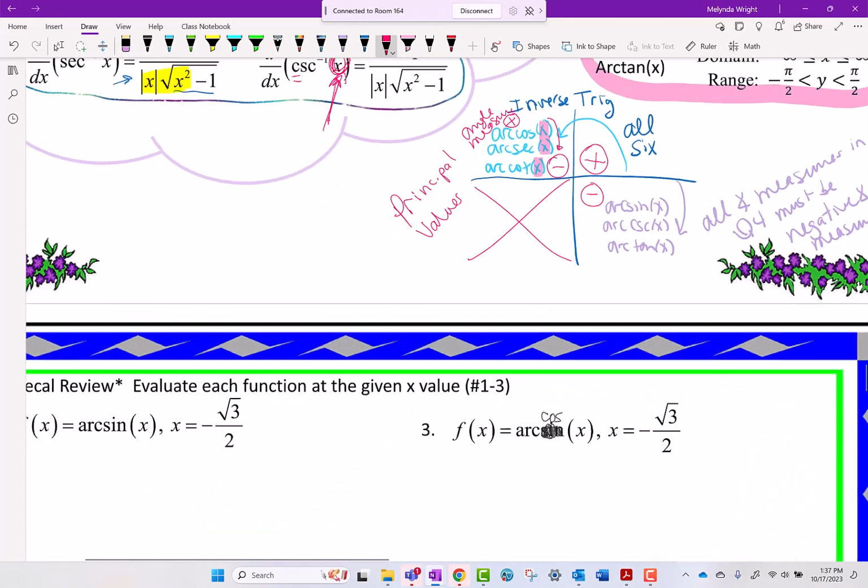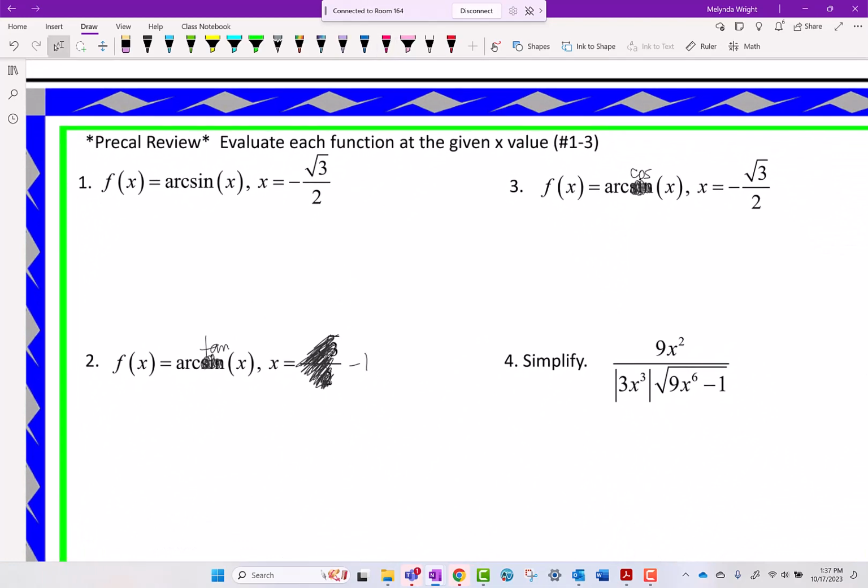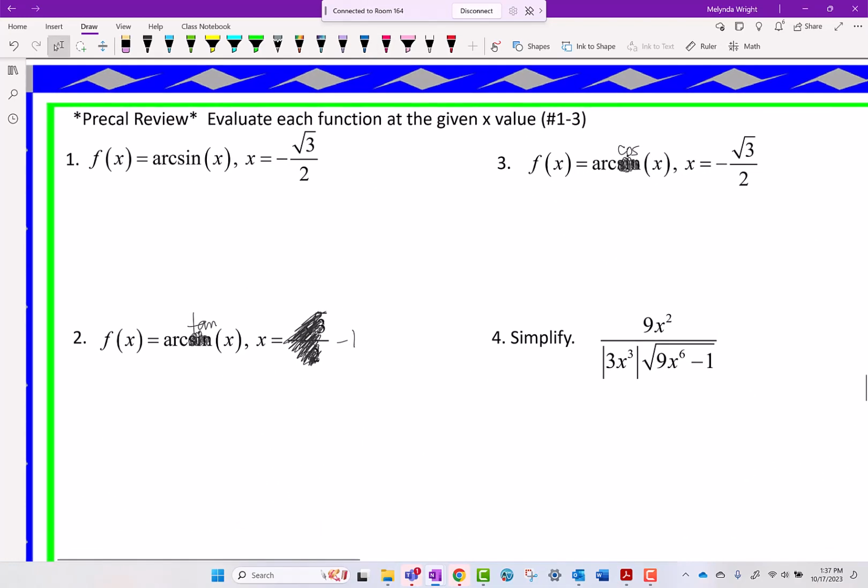Okay, so let's do some examples. First of all, I had a typo. Look at number 2 and 3. It didn't get changed properly. So please adjust your slide so it looks like this. Number 2 is actually arc tangent of x at x equals -1. And number 3 is arc cosine of x at x equals -√3/2.